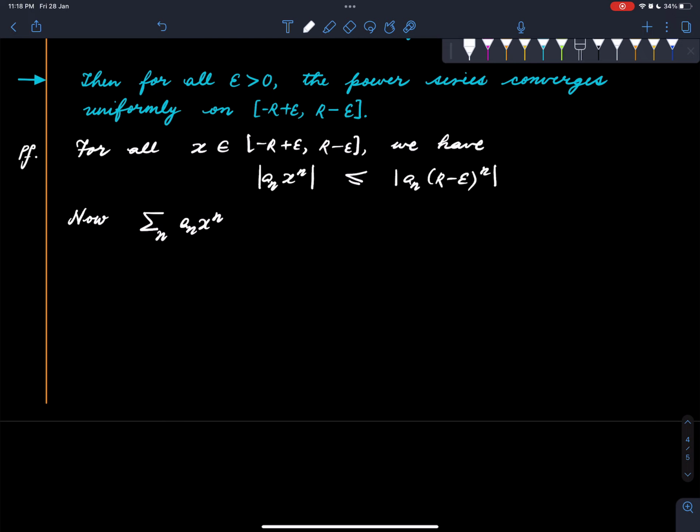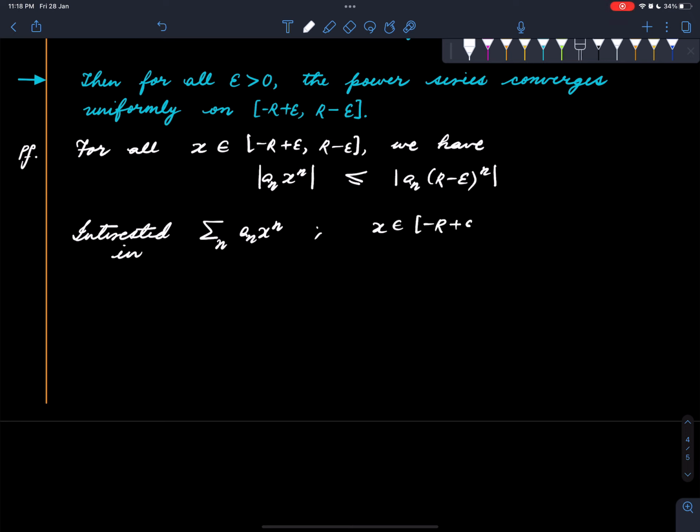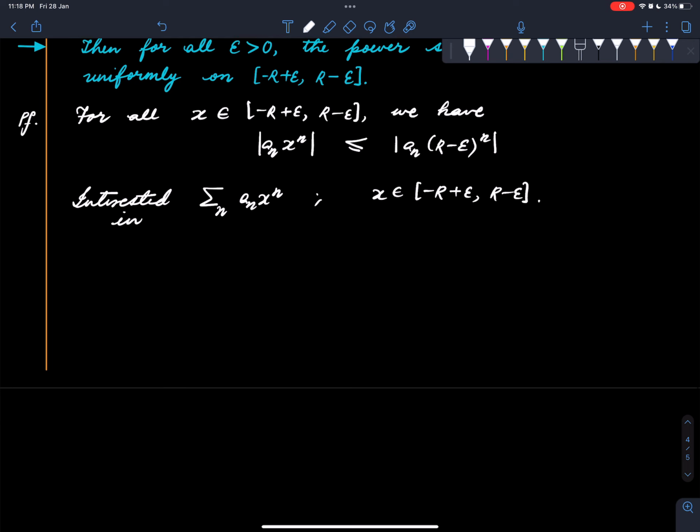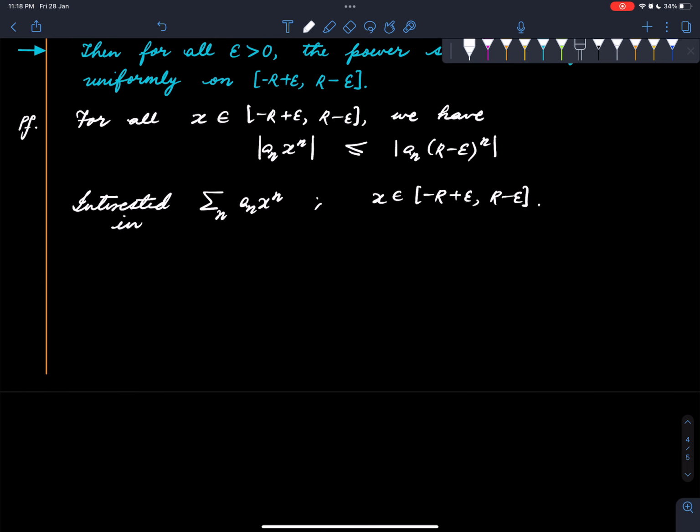So we are interested in this series of functions, where I should mention that x is taking values from this region. Now, here is the thing.